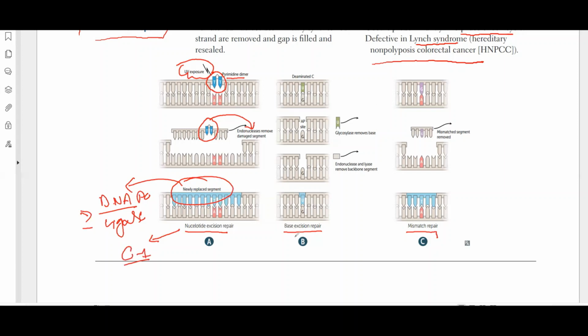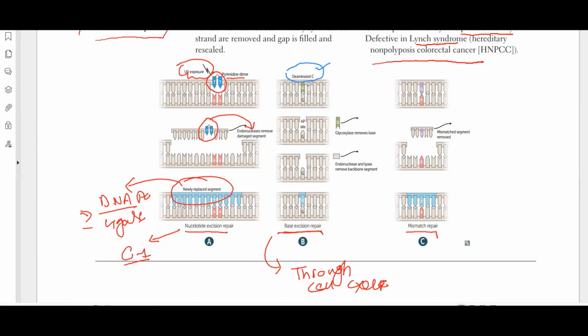Next is the base excision repair. Base excision repair occurs throughout the cell cycle. The next important thing is that here there is a deaminated base. When you hear deaminated base, in the clinical vignette they give deamination of cytosine.